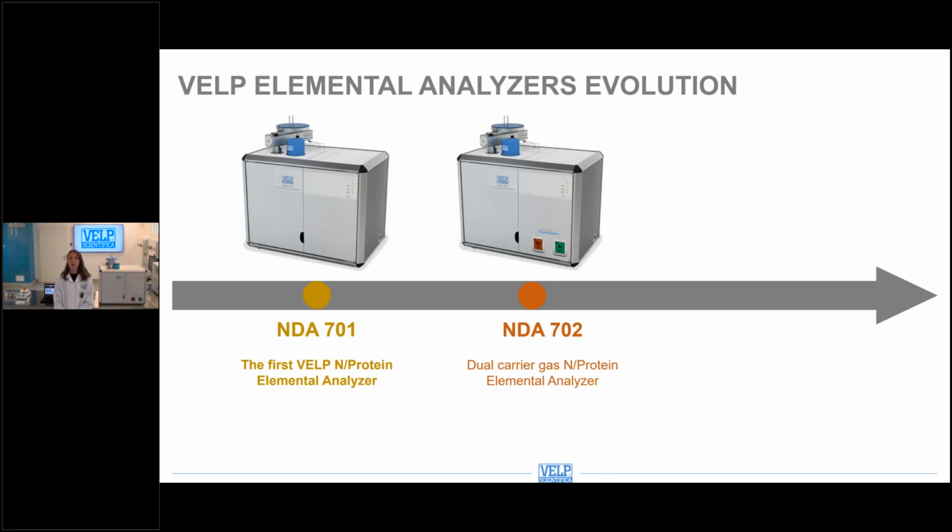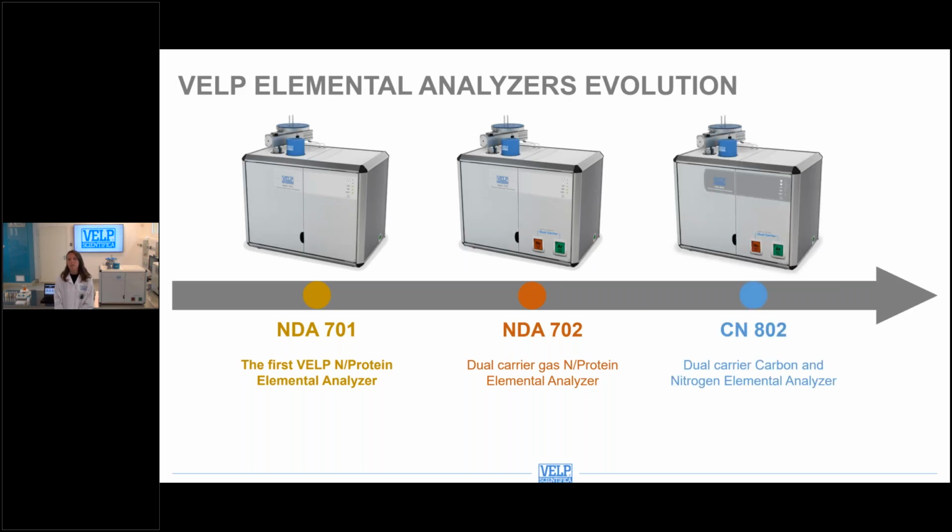Then, some years ago, we introduced the last one, the CN802, the carbon-nitrogen analyzer for carbon and nitrogen determination. Also in this case, it works with two carrier gases, helium and argon.